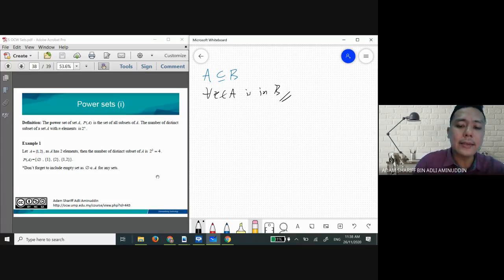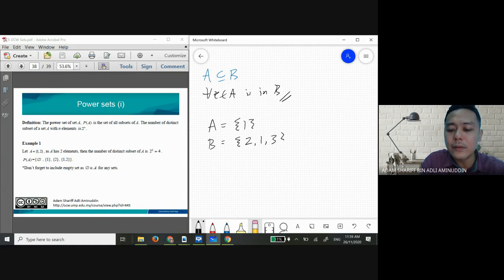Okay, katakan saya ada satu A and B. You can quickly verify that A is a subset of B. You are very fast to verify that.